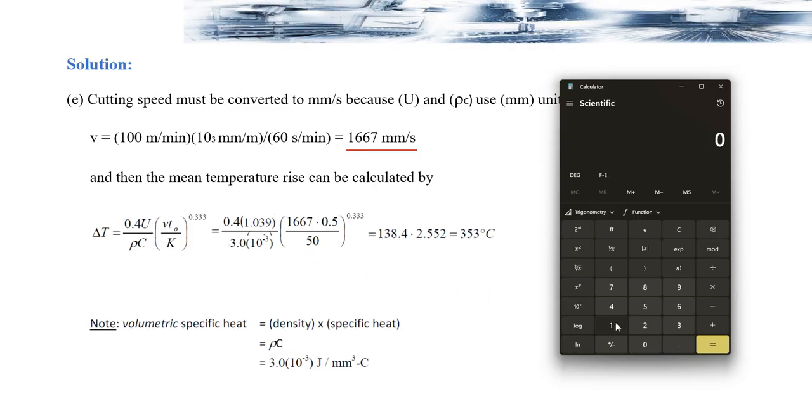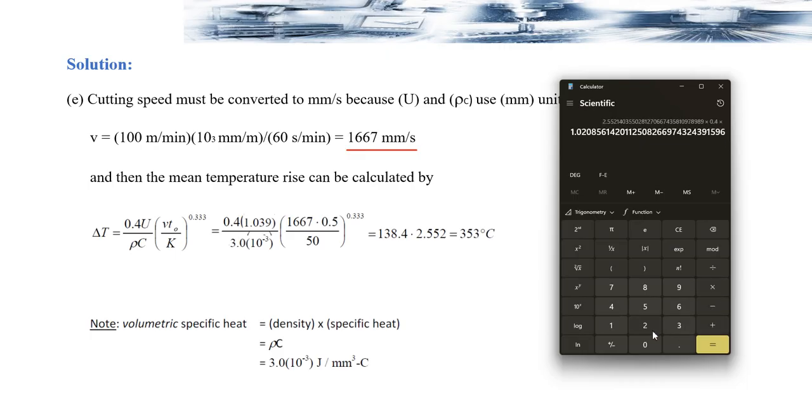So I will start with 1,667 multiplied by 0.5 equal to, divided by 50 equal to. Now this value, I will take it to the power of 0.333. So up to power 0.333 equal to. Now the 2.552, I will multiply that by 0.4.